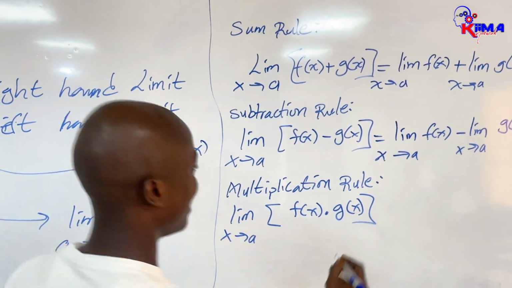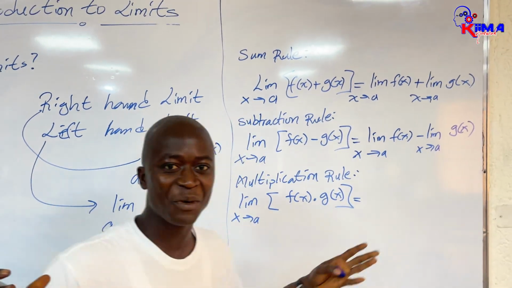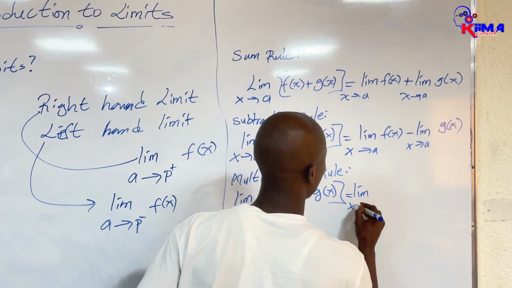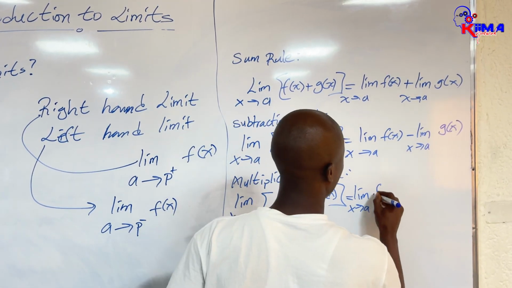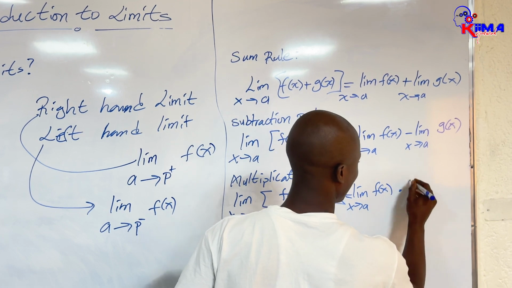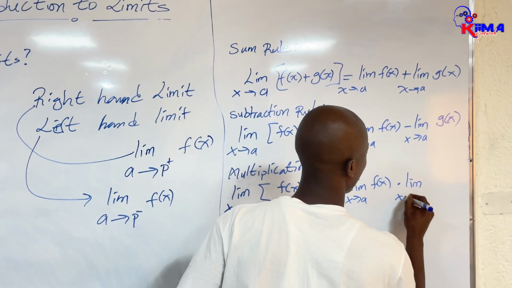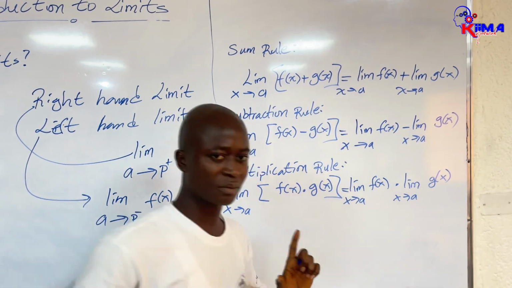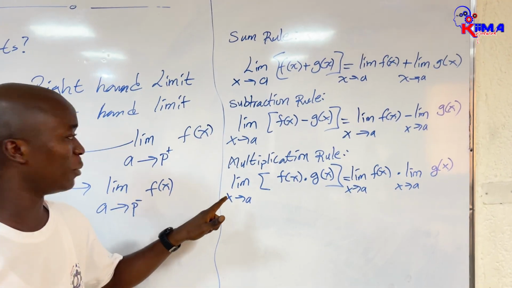We open the limit the same way, the same concept: the limit as x approaches a of f of x times the limit as x approaches a of g of x. So we know the multiplication rule.